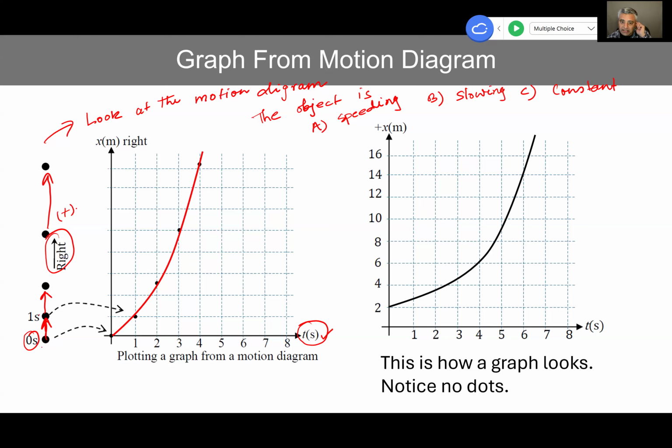So now let's make graph out of that. So this graph has a position information and time information, okay? At 0 second, so 0 second in the graph would be here, this point, right? Here, position informations are just given by the dots themselves, rather than giving you 1 meter, 2 meters, something like that.